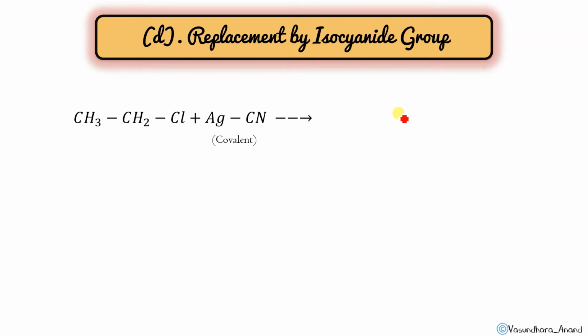Because in CN minus, both the carbon and nitrogen are free to bond. If it forms an RCN bond like this, it will be a C-C bond, isn't it? And if it forms an N-C bond, this is the structure, an RNC bond like this.